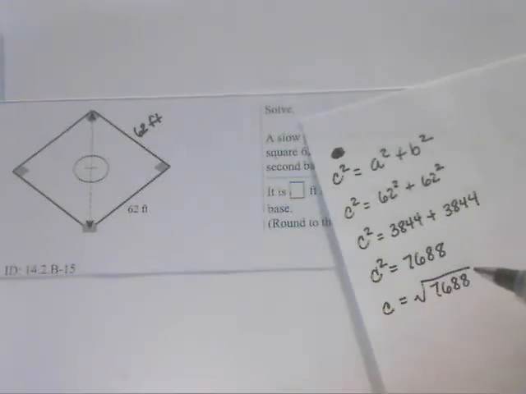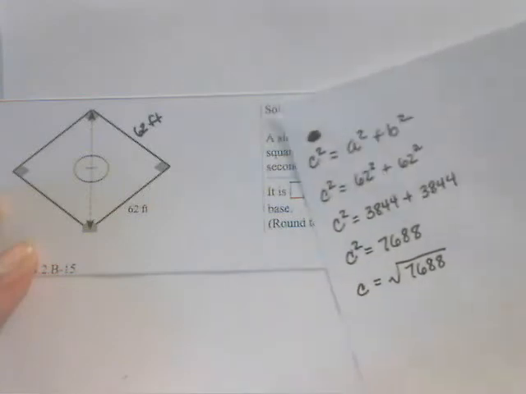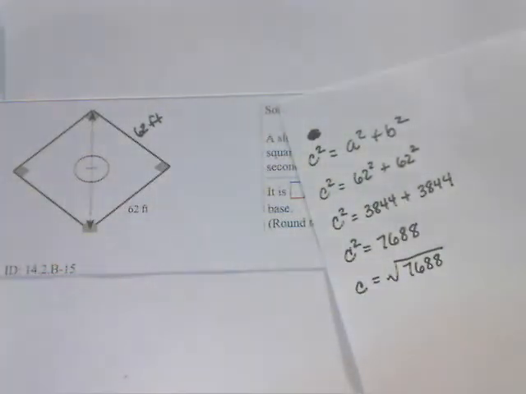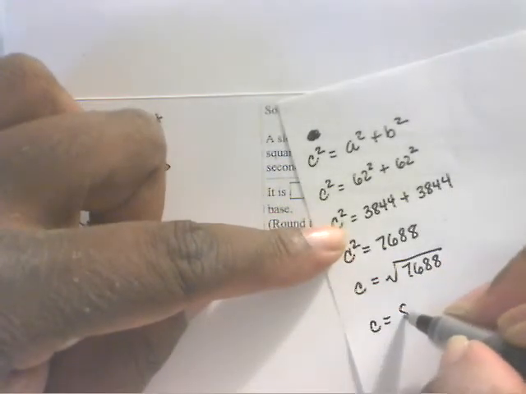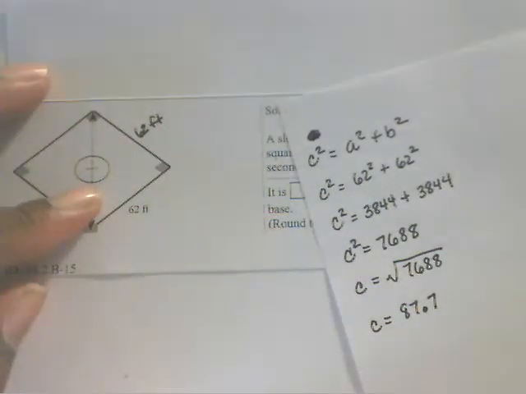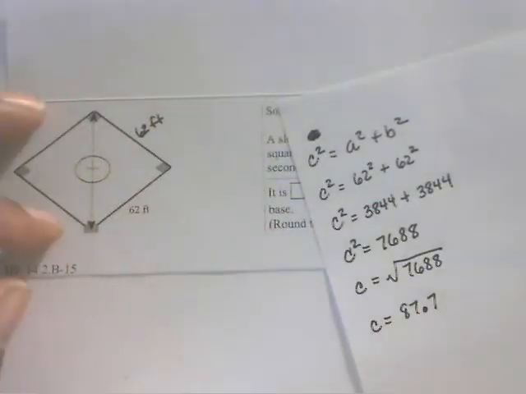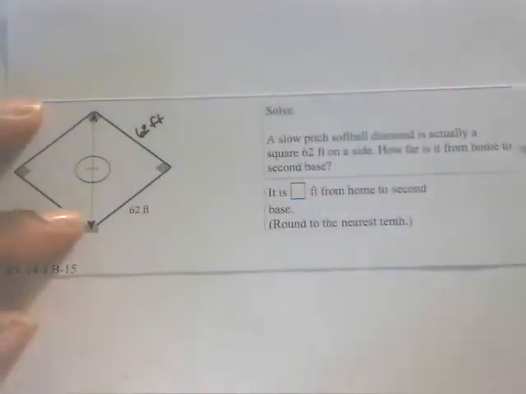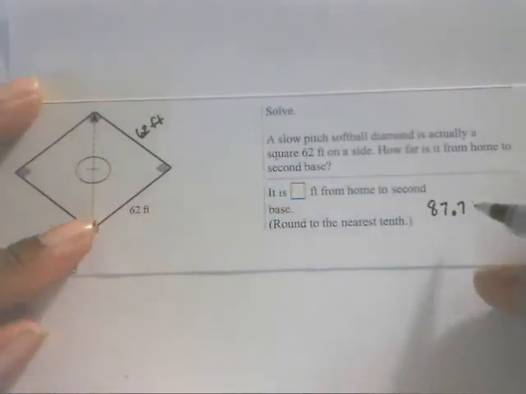And to the nearest tenth, now I hope I'm right, that will be approximately 87.7. Okay, so that's the distance from home plate to second base. So that distance is 87.7 feet.